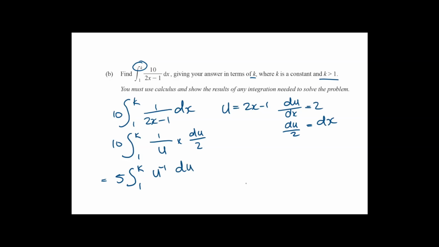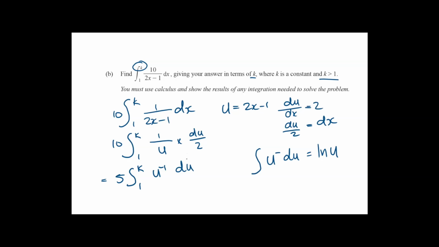Let's integrate this one side, integrate 1 over u du. And that's going to be log of u. We don't need to worry about the plus c because it's a definite integral, so yes, we're fine with that.